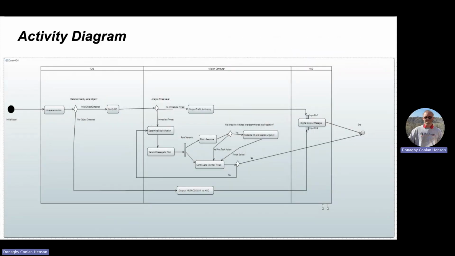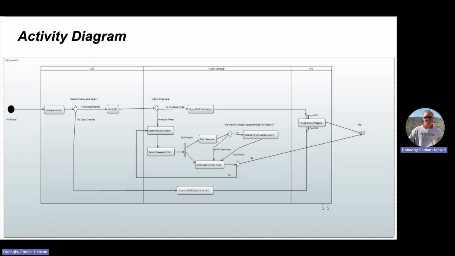So following up on what Connor described about the use case diagram, the activity diagram is an extension of the use case diagram, specifically the logic interactions as well as the physical interactions between the various components of the system. We're going to start out with the initial node. This signal will be transmitted into the TCAS partition to the airspace monitor, where that signal will reach a conditional diamond, and the condition is, is there a nearby aerial object detected?